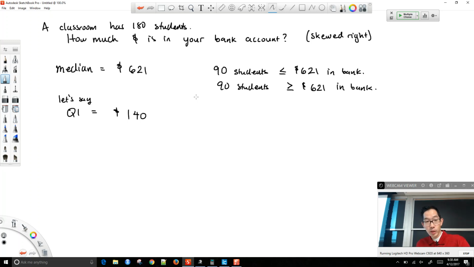Okay, 25% of the students, right? So in this case, that means 45 students have less than or equal to 140 in the bank.